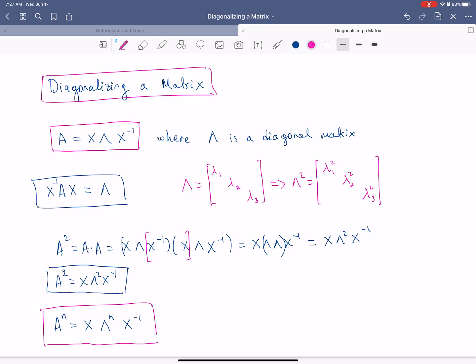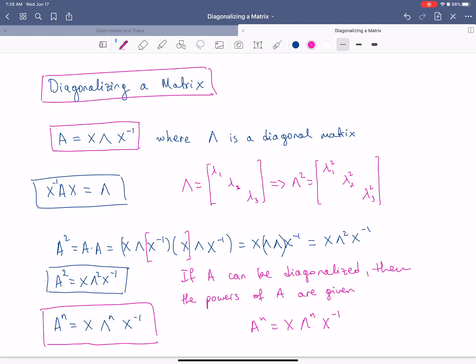You cannot find an X for every matrix A. But if A can be diagonalized, then the powers of A are given by X lambda to the n X inverse, where obviously A was just X lambda X inverse. So we see that this diagonalization gives us the powers of a matrix A right away.